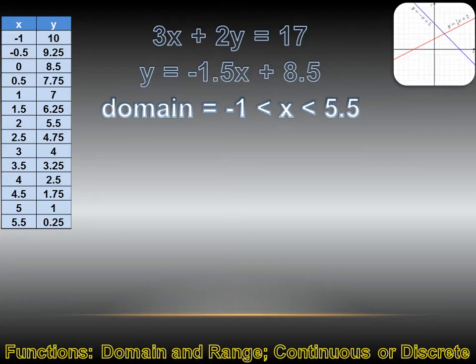My largest y value, which corresponds to my smallest x value, is 10. So my y values range from 0.25 up to 10. And I could define my range as y's that are greater than 0.25 but less than 10.